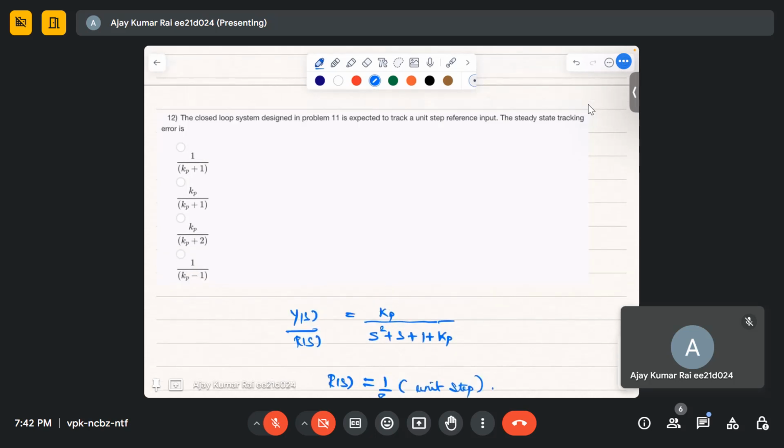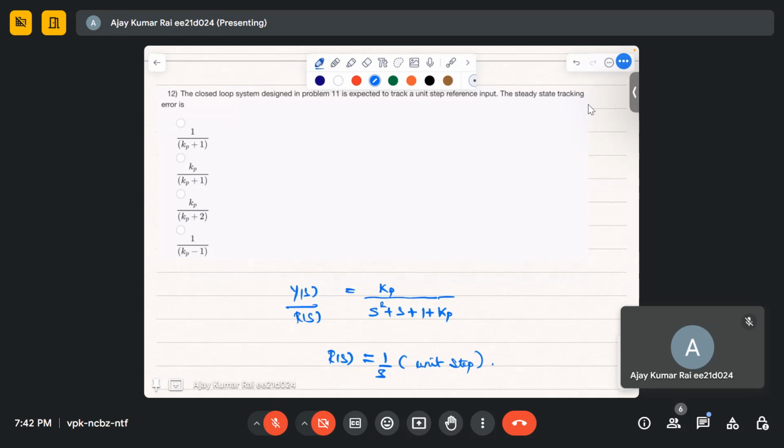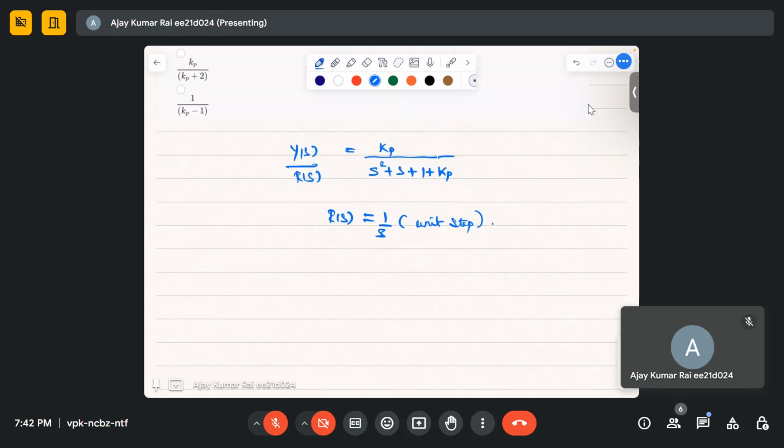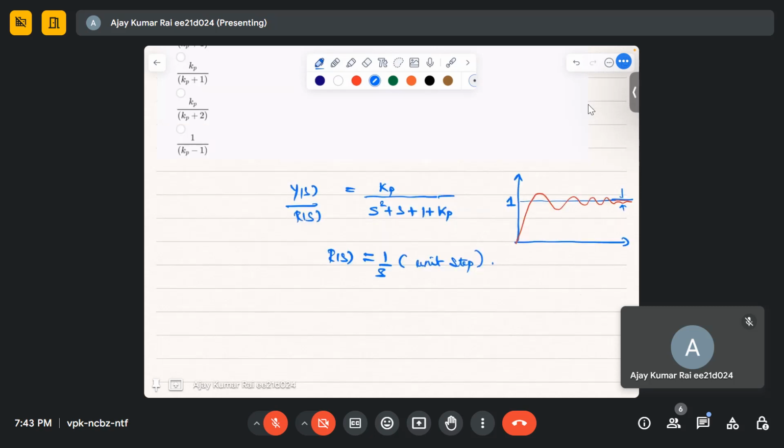The steady state tracking error: so this is 1 and your output should be like this, and you'll have some steady state error for this particular system. So the steady state error is what we want to find out.